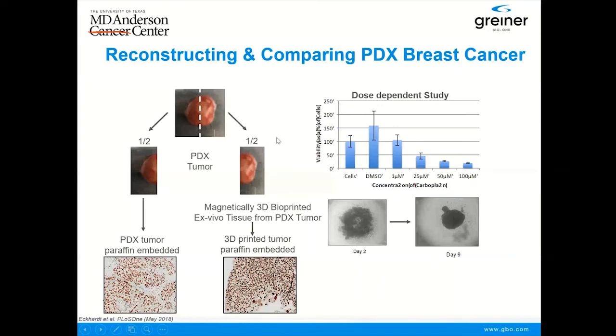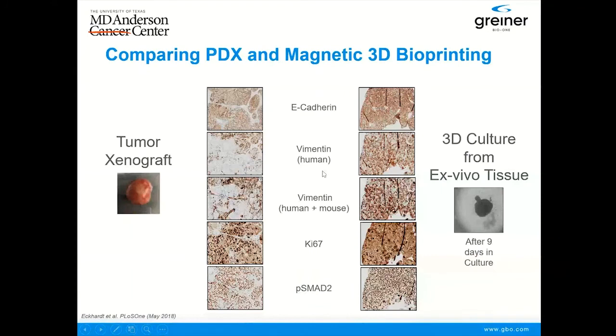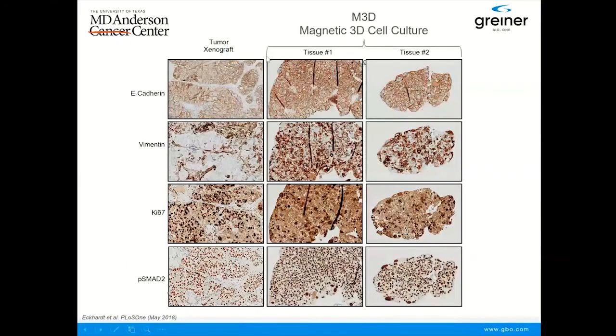So we look at E-cadherin expression here, Vimentin, and Ki67. So the left is the tumor, the right is the culture, and this is a blown up picture of those results. So tumor on the left and two different bioprinted cultures in the middle and on the right.